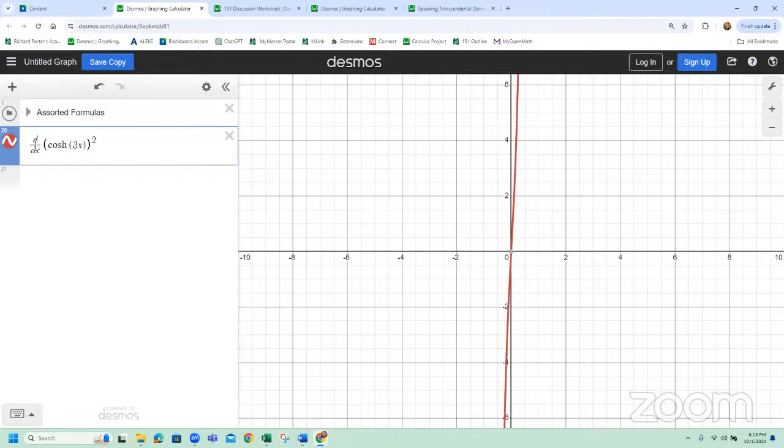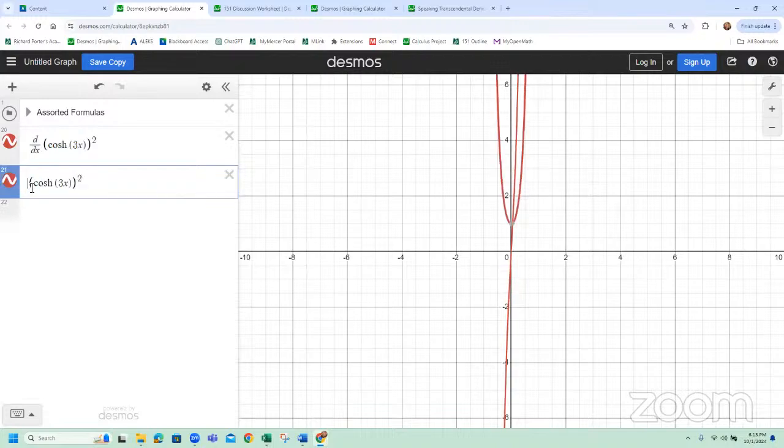Okay, so what I would do in taking the derivative is a power. So I would bring the 2 down and subtract 1 from the power.